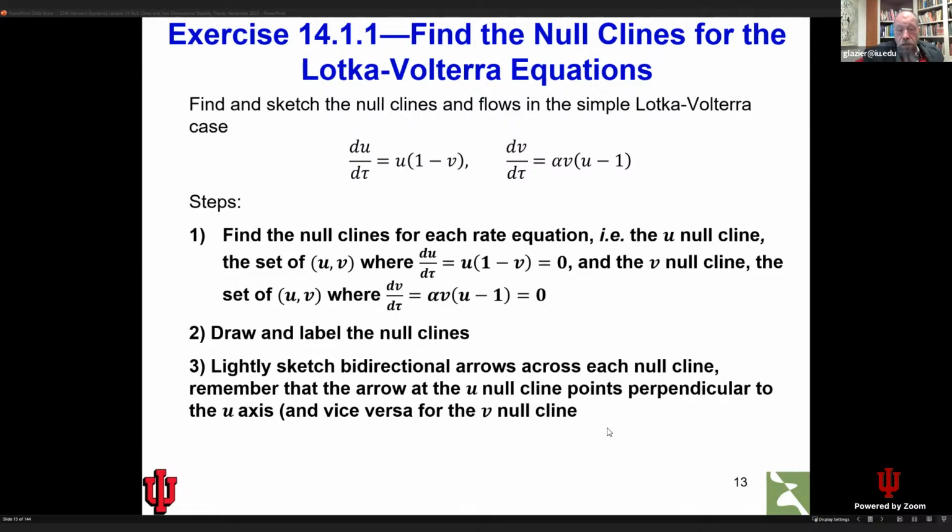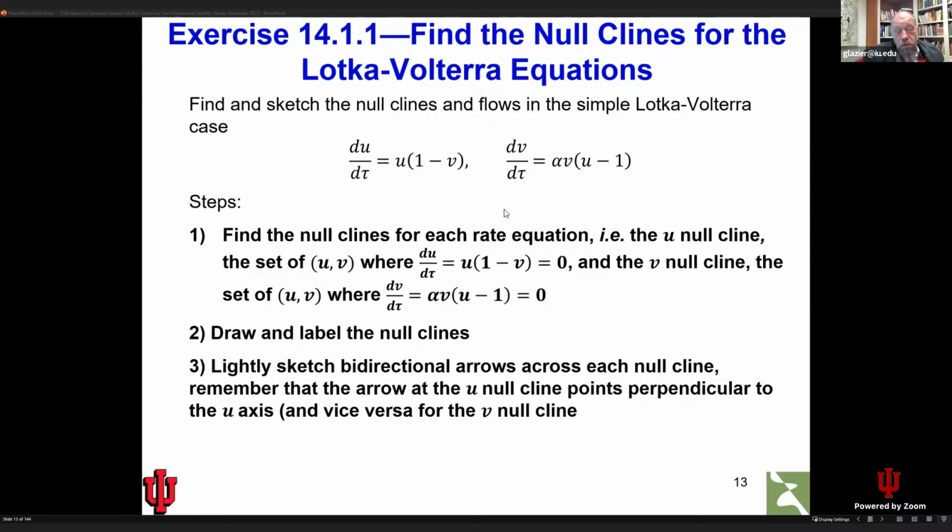And so now I would like us to walk through again, maybe be a little faster this time. I'd like you to do the null-cline derivation again in class. And we're going to start out with the Lotka-Volterra equations. These are the classic simple predator-prey equations that every class in mathematical biology starts out with.